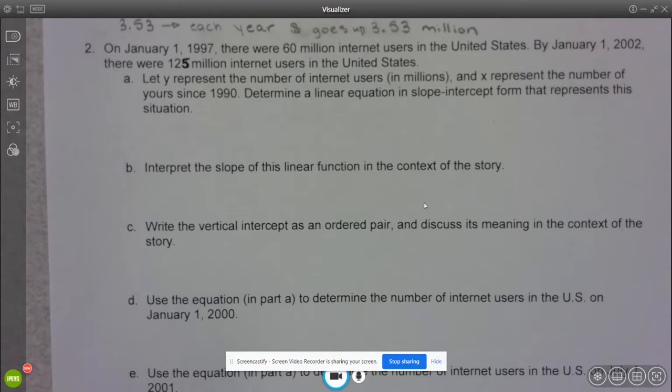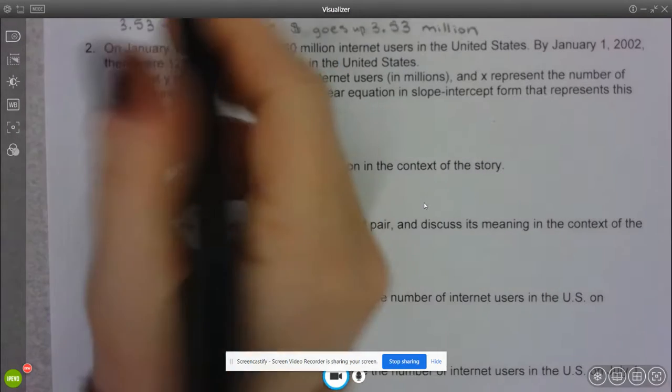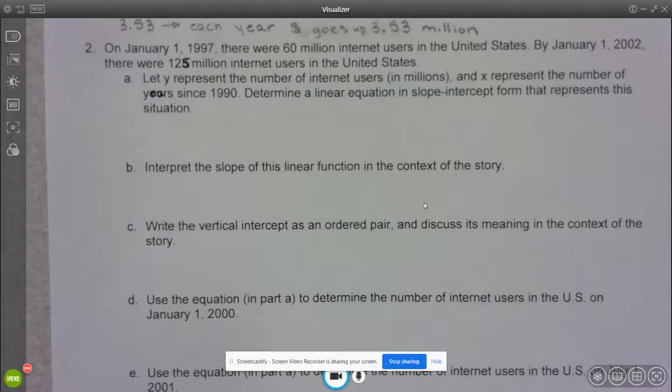So we're going to write an equation using Y as the number of internet users in millions, and X is the number of years. That should say years. Oh boy, typos everywhere, aren't there? Years since 1990.